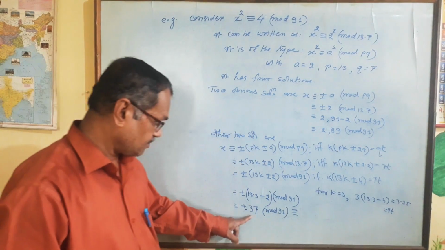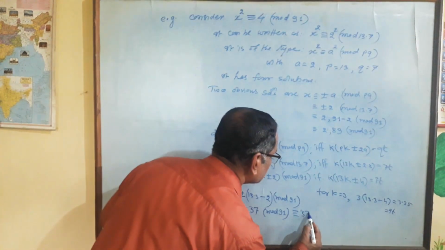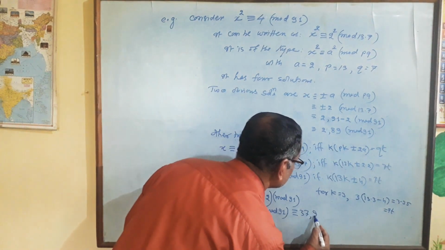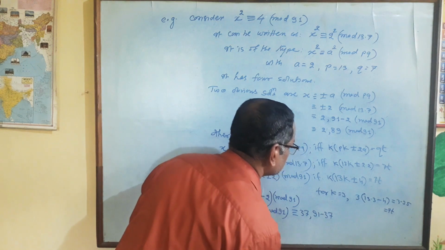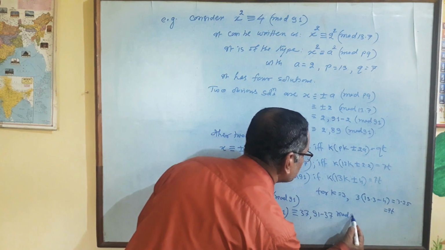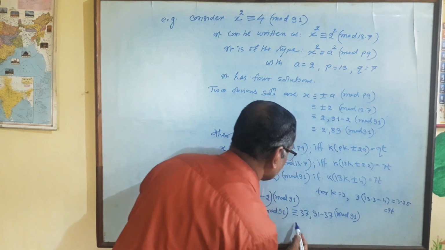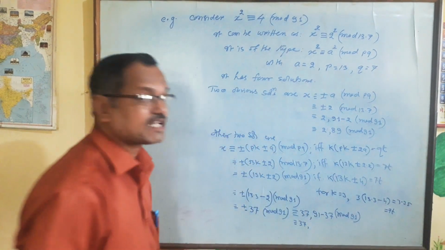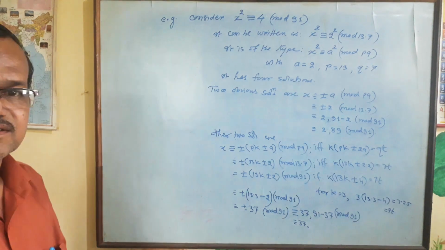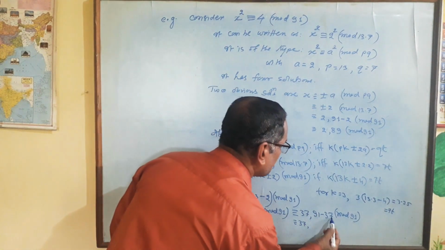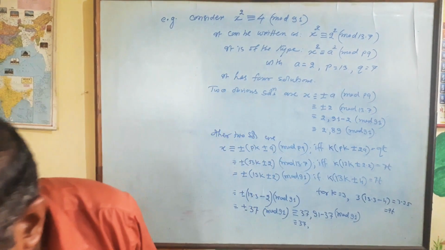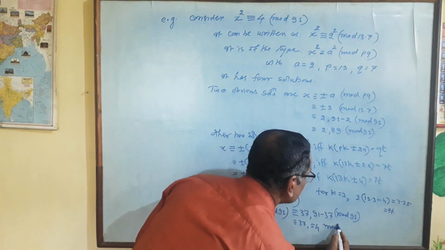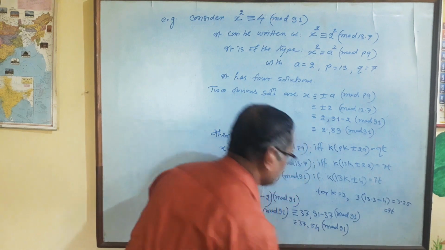Here also plus minus 37. One is 37, and the other is 91 minus 37, which is 54. That is 54 mod 91.